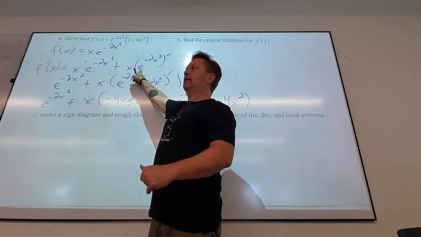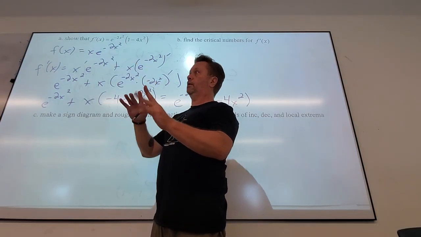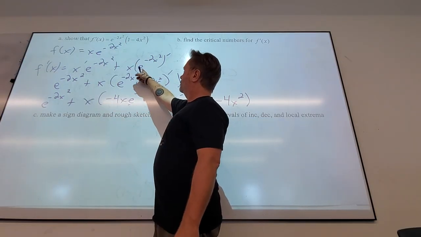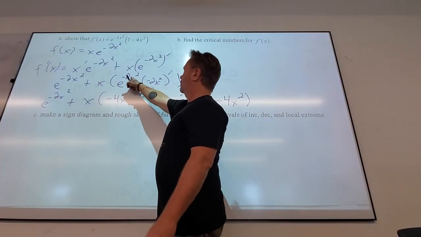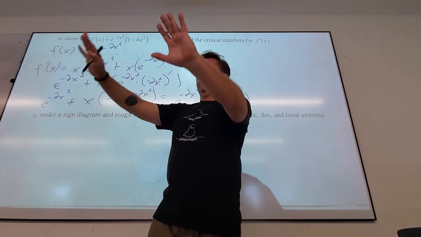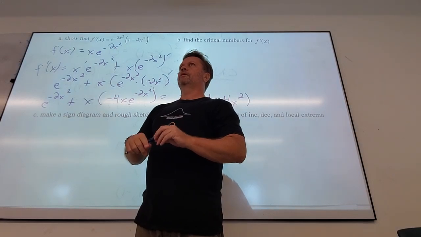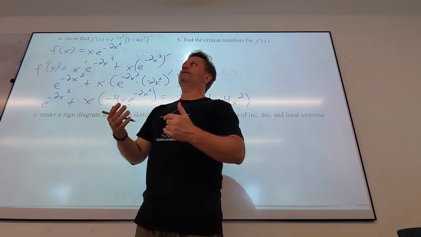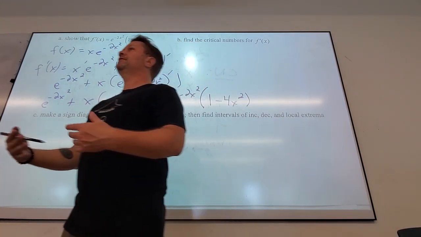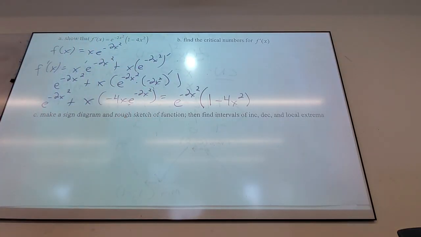But it's an E. Anytime you see an E, you should go, oh, thank God. Because part of the answer is going to be itself. And then the derivative of the inside. Okay. Now, the next thing you have to realize is, what does E look like? Don't do this.